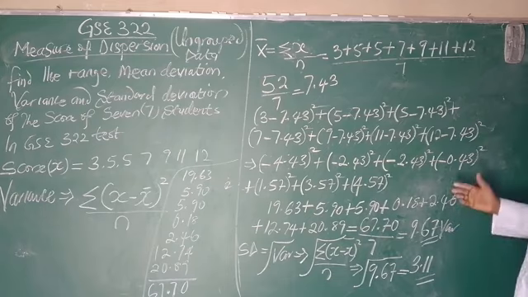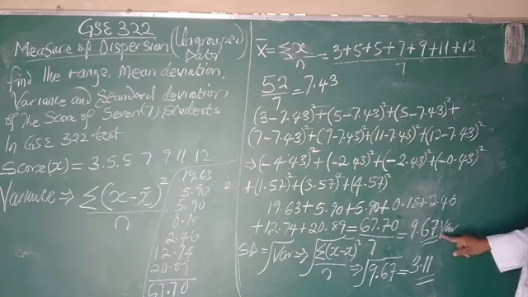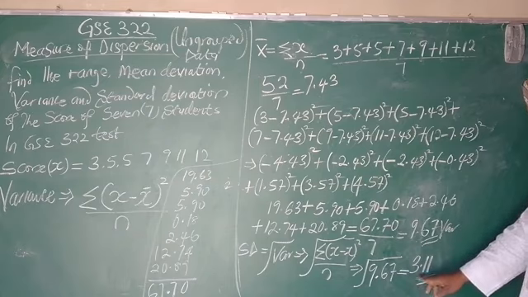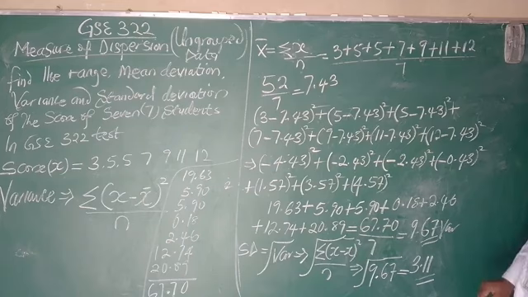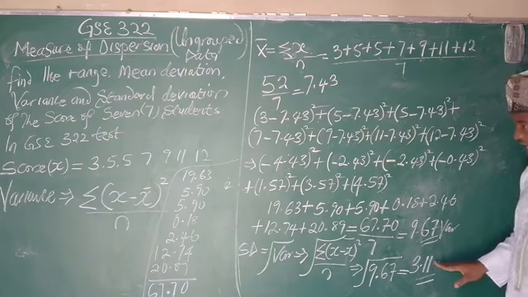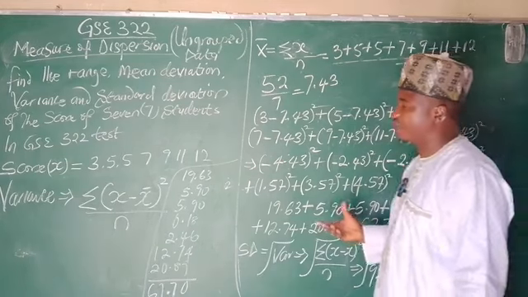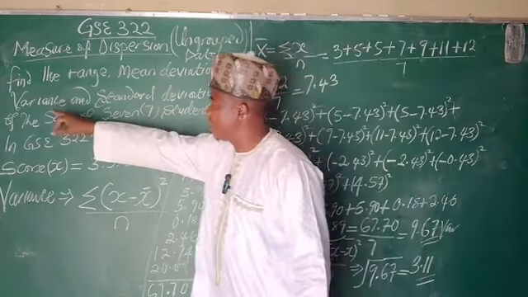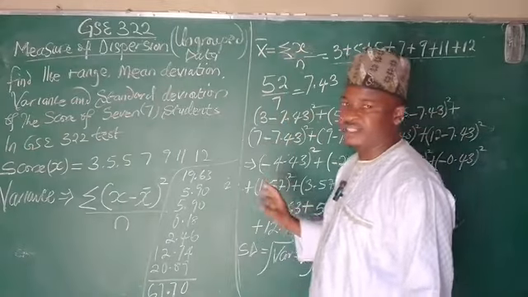So we have now found the variance, which is 9.67, and our standard deviation happened to be 3.11. This is the final answer, and this has marked the end of what we are asked to find in this question, which is the variance and the standard deviation.